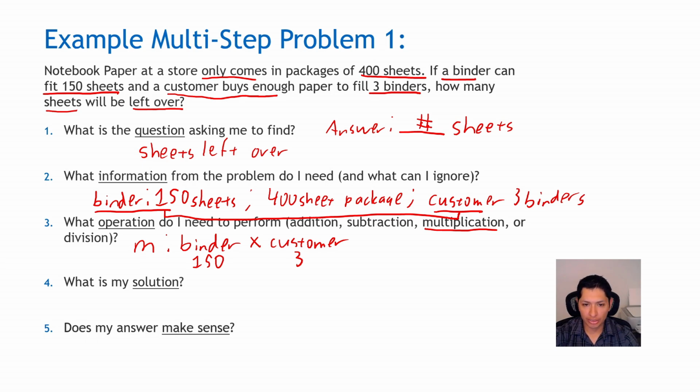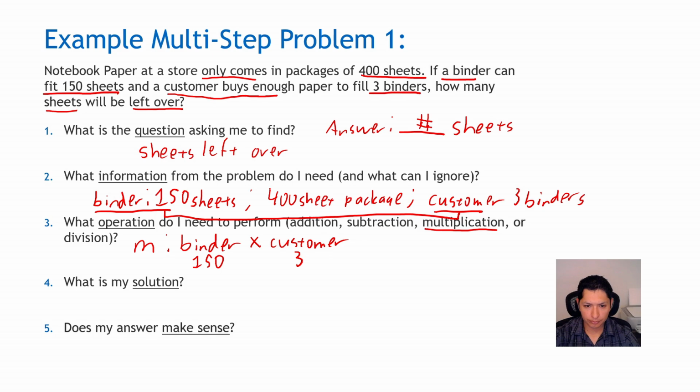Once I know how much paper fits into 3 binders, I need to compare that number to how many sheets I can get if I buy them in packages, right?